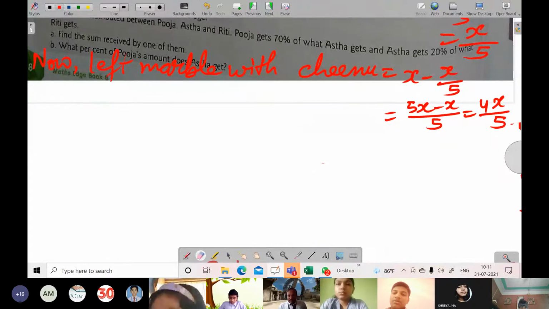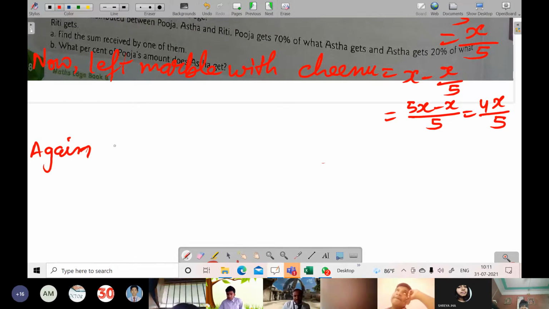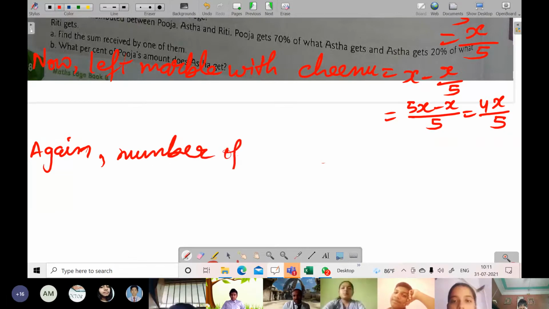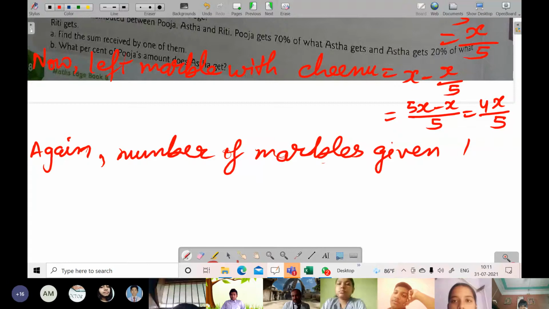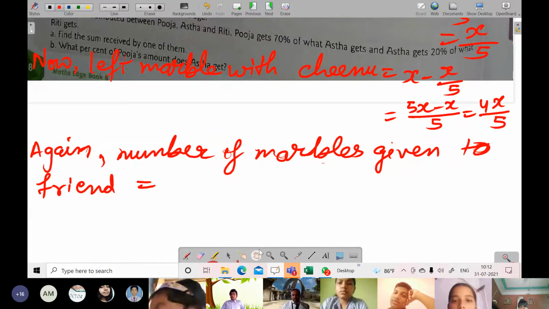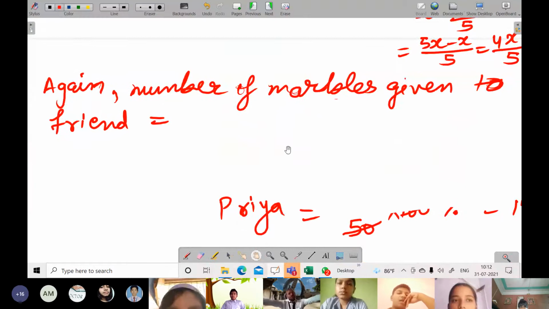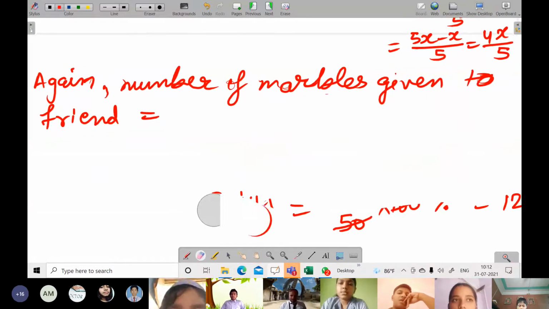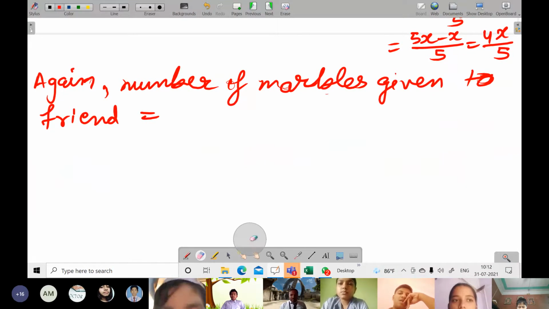What does 25% mean here? So you can write again, number of marbles given to friend is equal to 25% of 4x by 5.